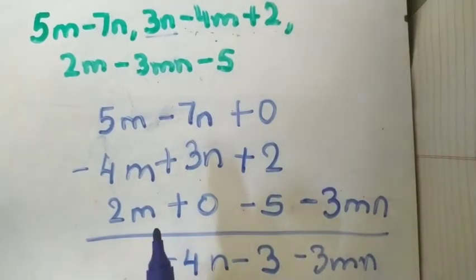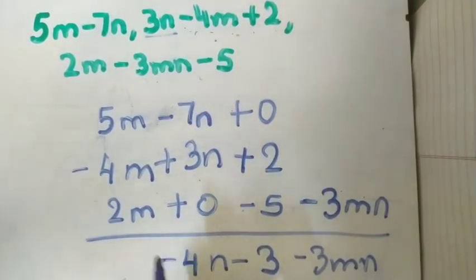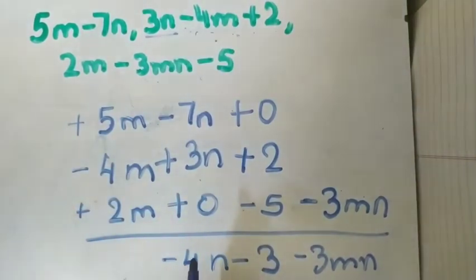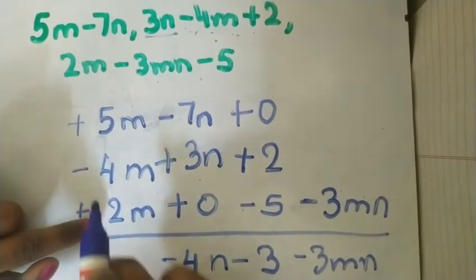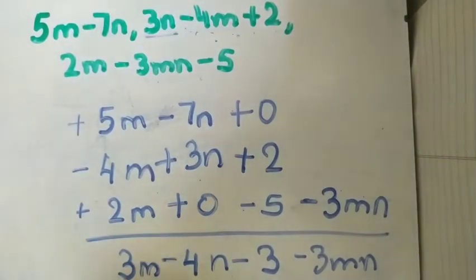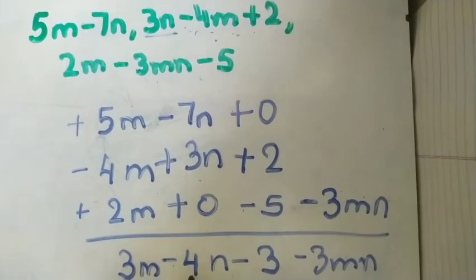And next plus, let's add it. So 7 minus 4 is 3, so 3m as it is. So this is the answer for this question, that is 3m minus 4n minus 3 minus 3mn.